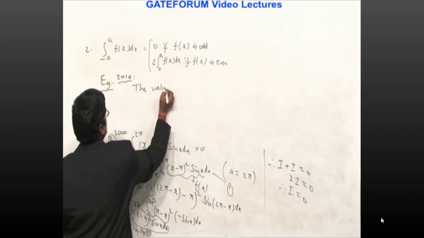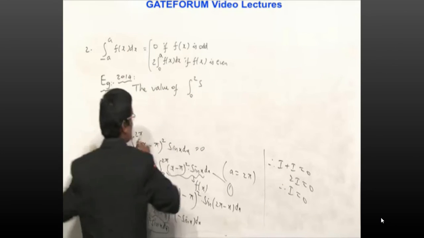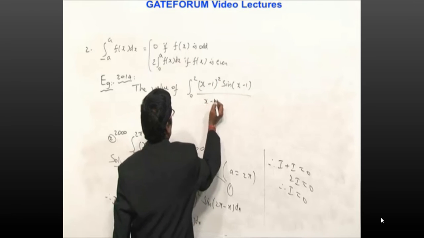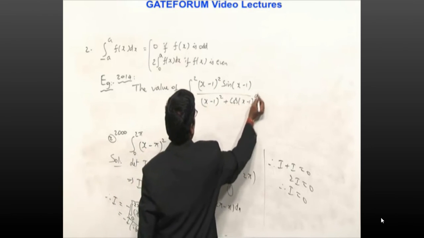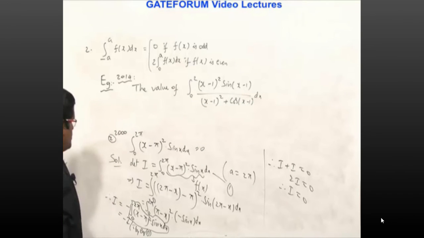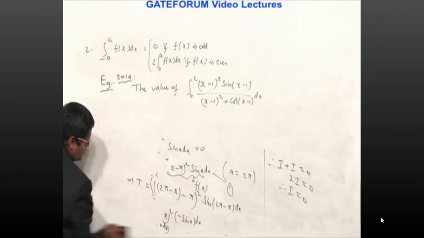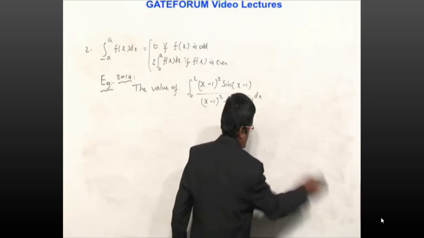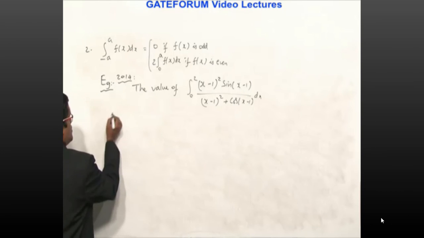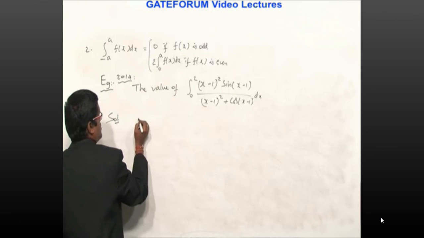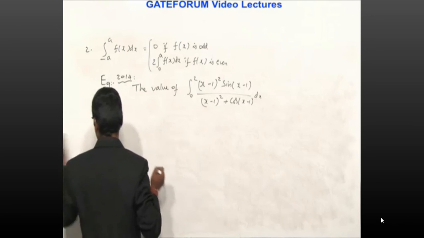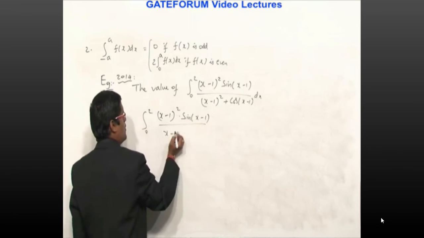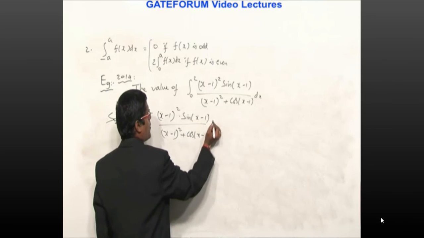The value of integral 0 to 2 of (x minus 1) whole square into sine of (x minus 1) divided by (x minus 1) whole square plus cos of (x minus 1) dx. You can apply property 1 also, okay?